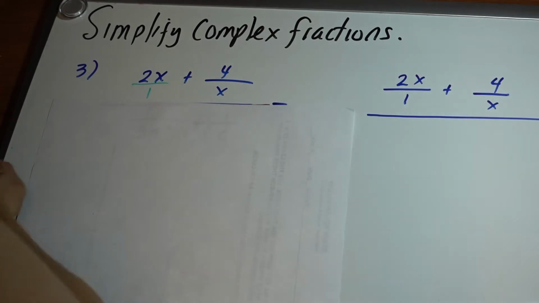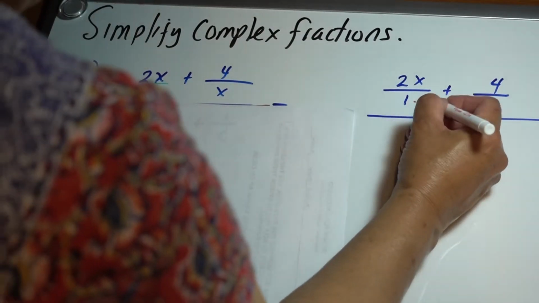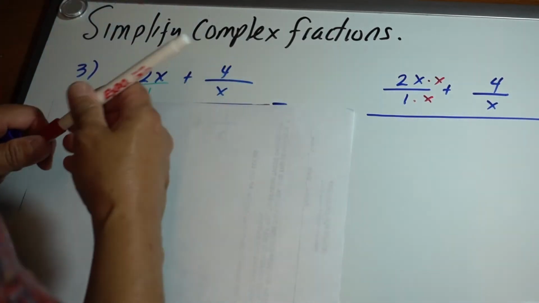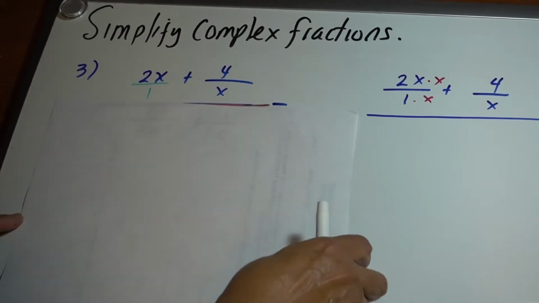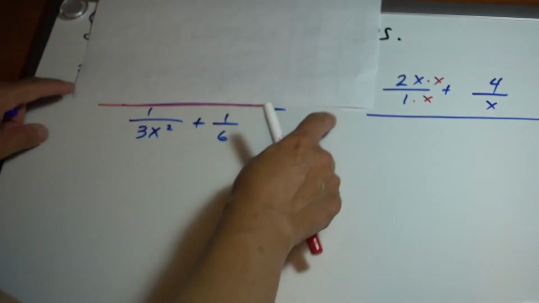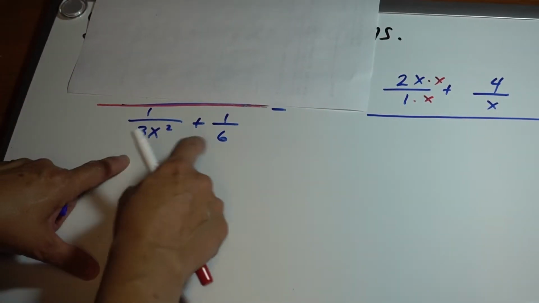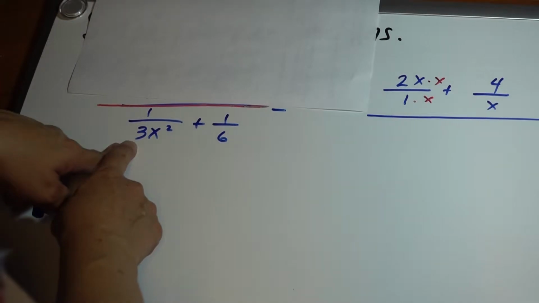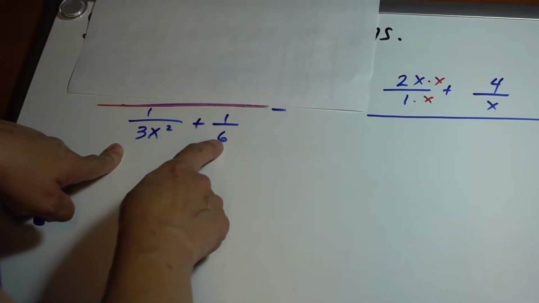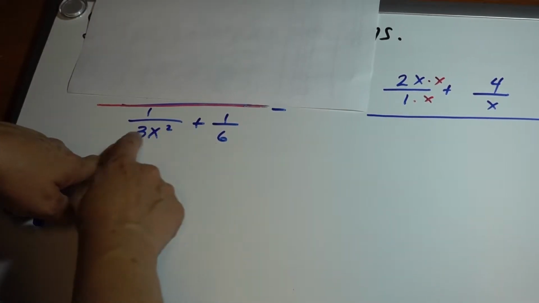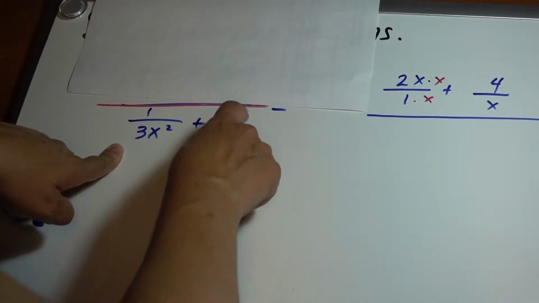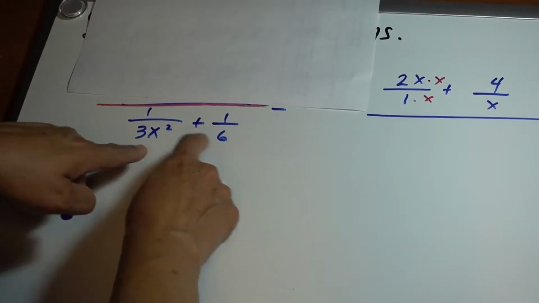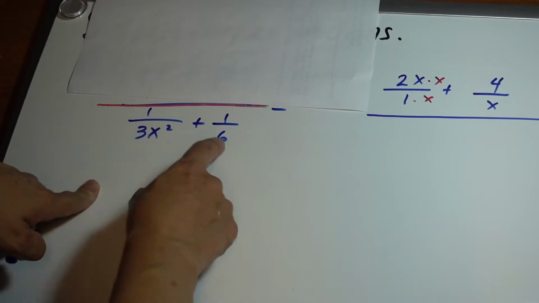So this one by x and by x. In the bottom part, we continue with the same idea. We have different denominators, so in order to have the same denominator, I need to multiply this one by 2 to get 6 here, and this one by x squared, in order to have 6x squared in both parts.